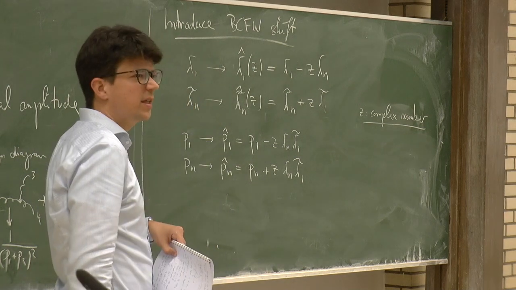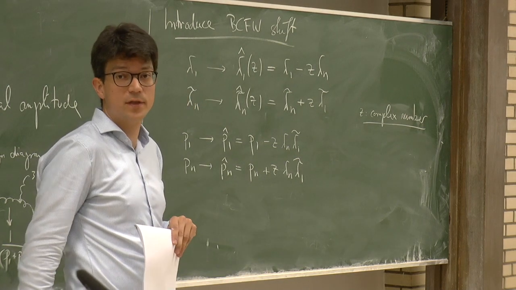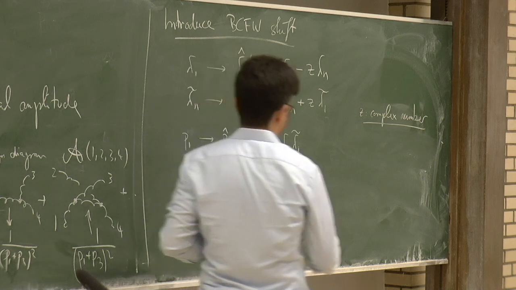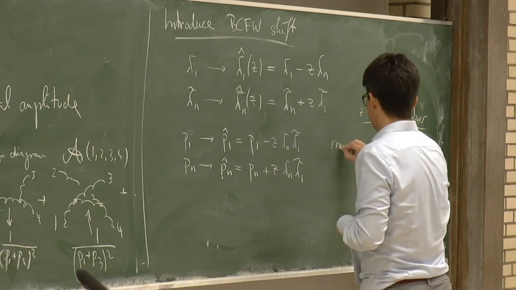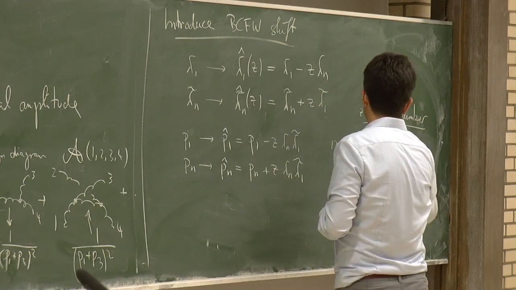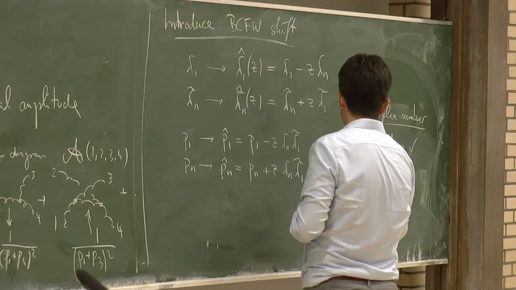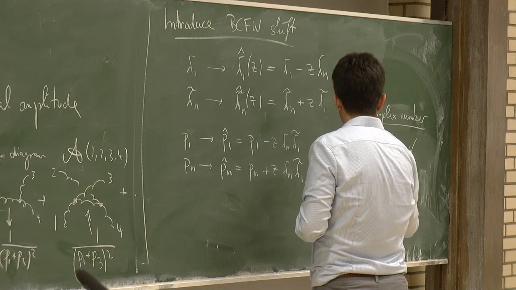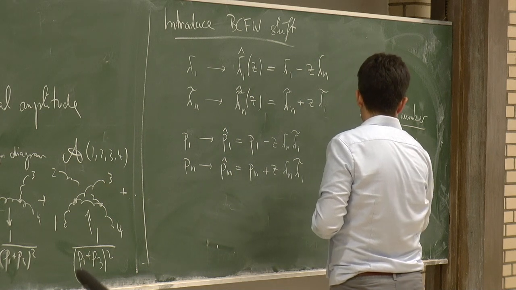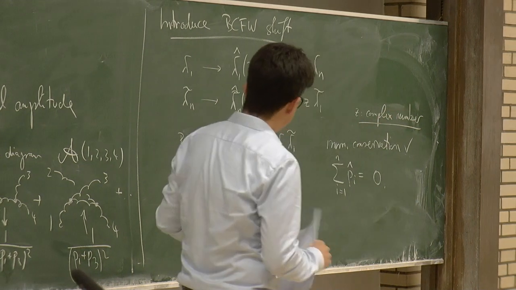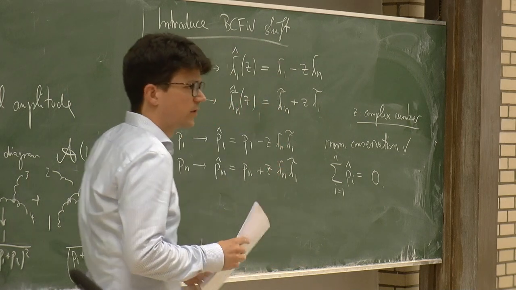So the first thing you see is that momentum conservation is still satisfied, because the sum from 1 to n of the shifted momenta is still 0, as it should be. Simply, this shift drops out between the two.